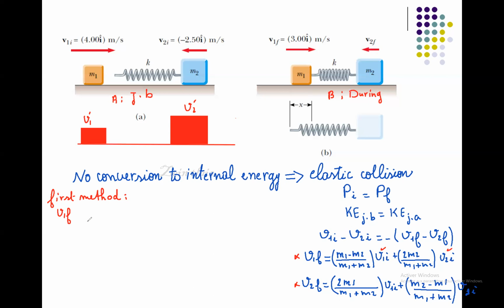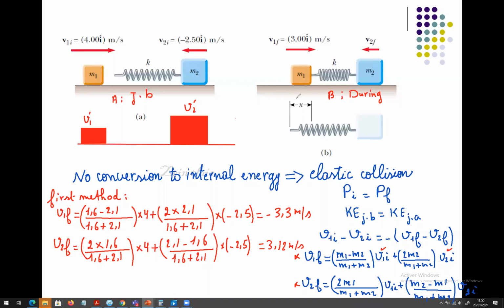V1 final equals M1 minus M2... I want to write the numerical values. By using these two equations, we substitute the values of M1 and M2 as you see here in this equation, and you get the final value of V1 final equals minus 3.3.